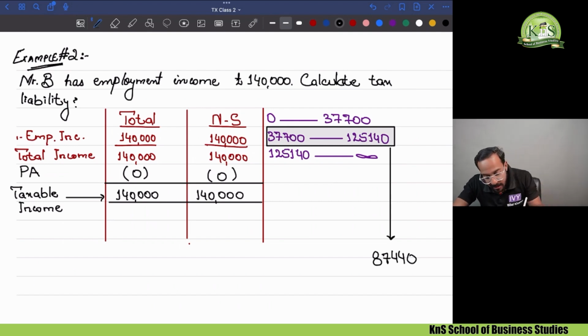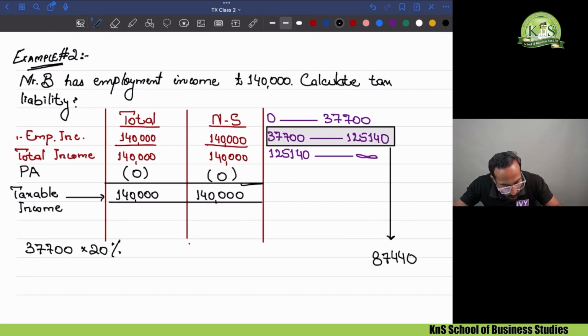So now see the answer. From 1,40,000, I'll apply tax on 37,700 at 20% because it is non-saving. 37,700 at 20% is 7,540, right?